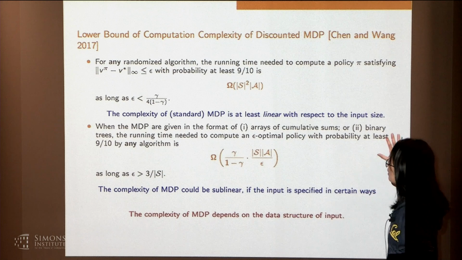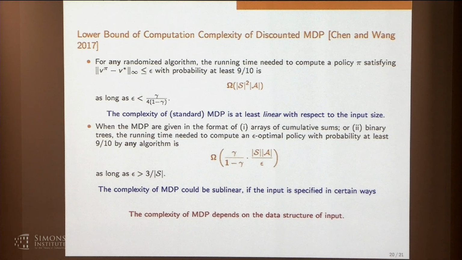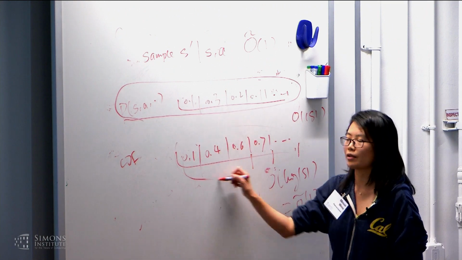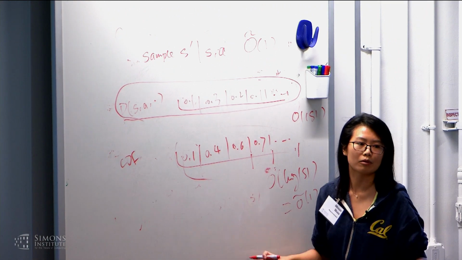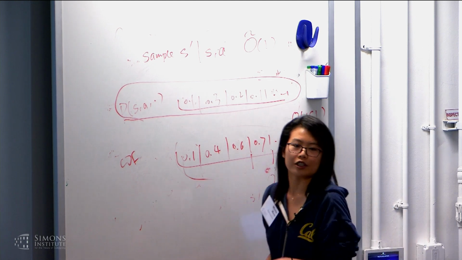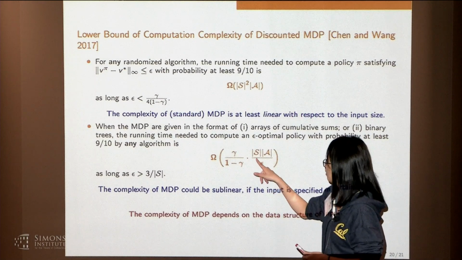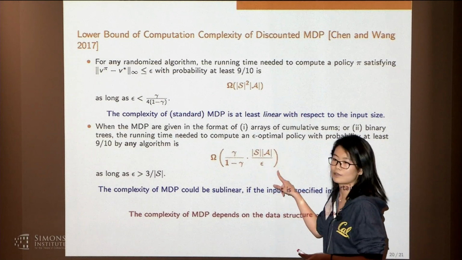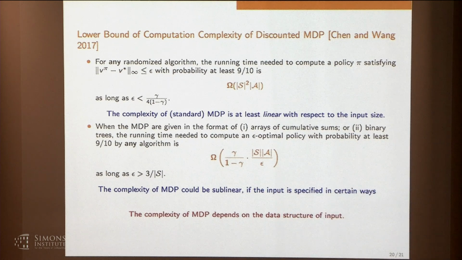Second, let's look at special cases when my data are already pre-processed into cumulative distributions or binary trees. We look at both cases, and in those two cases, even the lower bound changes. The lower bound changes to SA over epsilon times some constant factor. This is quite interesting.